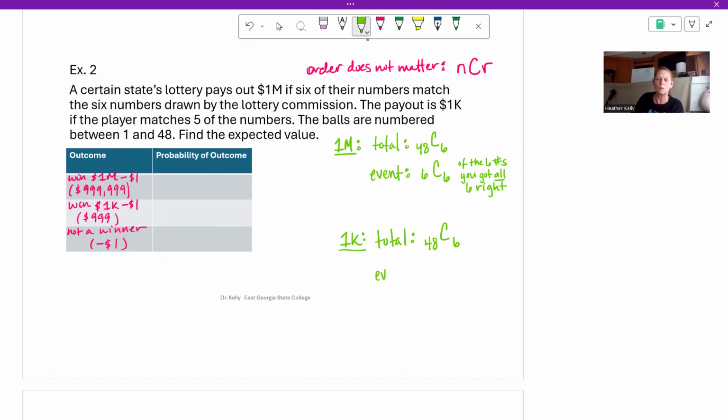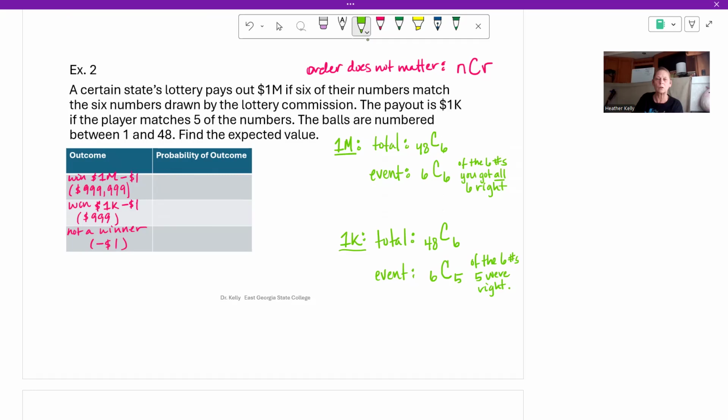And then here, the event is going to be of the 6 numbers, you chose 5. Okay.